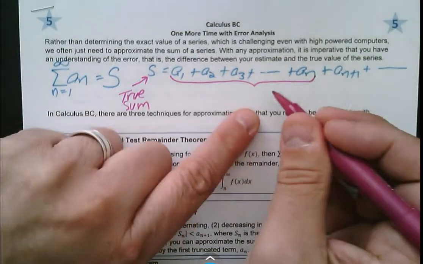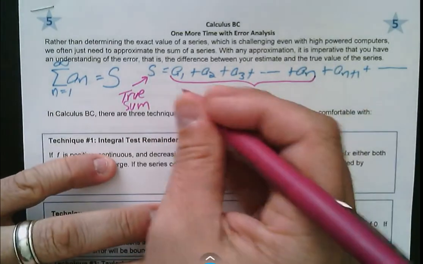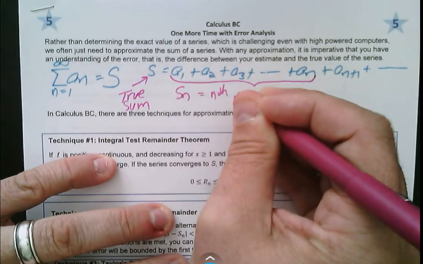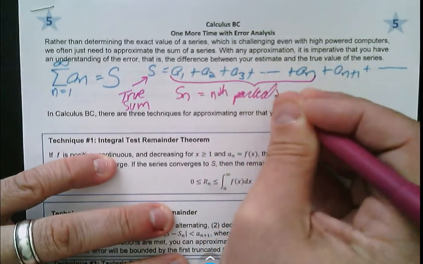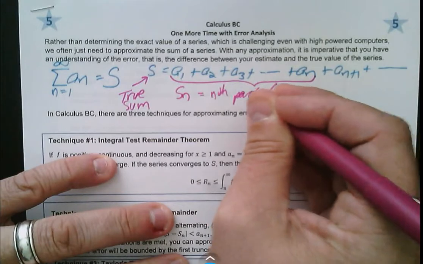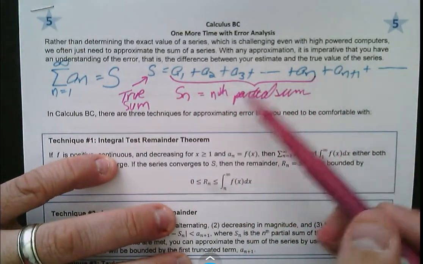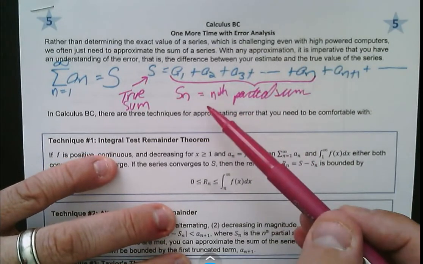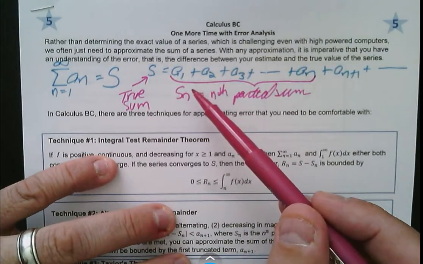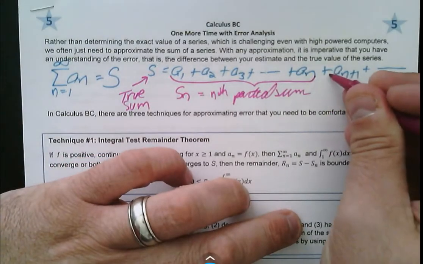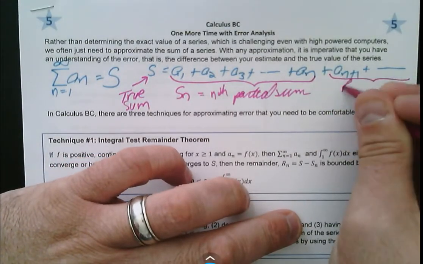If I sum up the first n terms, this is S sub n, the nth partial sum. We call it a partial sum because I've only added up a finite number of terms, and it's the nth partial sum because we've added up the first n terms. Everything that I didn't add up, that is my remainder.